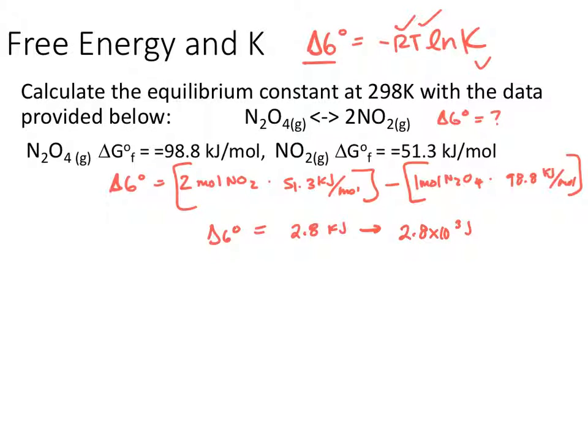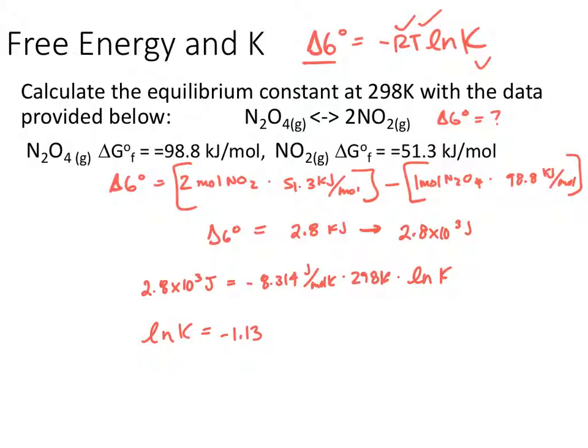Okay, so once we've done that, we're going to plug our values in. We have our 2.8 times 10 to the third joules. It's going to be equal to minus 8.314 joules per mole Kelvin times our temperature, which is going to be 298 Kelvin, times our ln of K. If we manipulate all of this, basically we're going to end up with our ln of K being equal to minus 1.13.